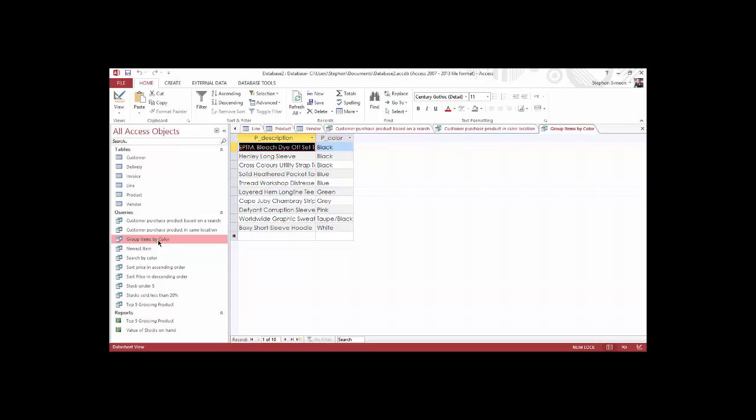So in particular, when you have a website, sometimes customers might just be looking for a black top in particular. So this here is what I would say is a front end query, something the user of the site would be able to see.